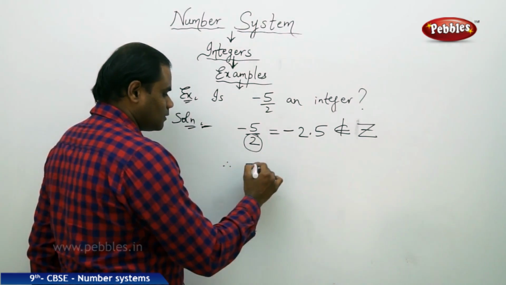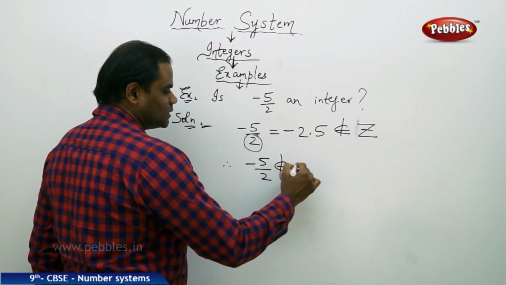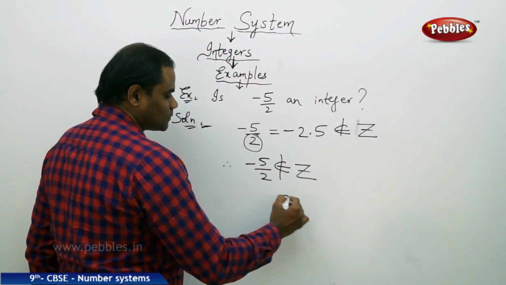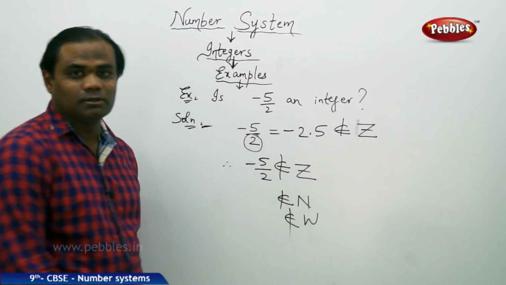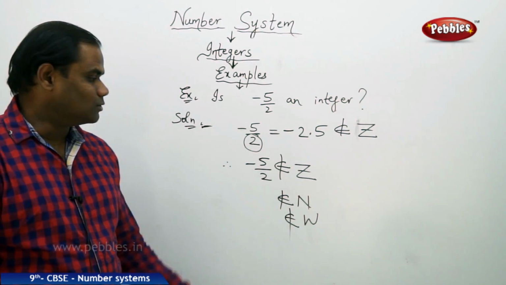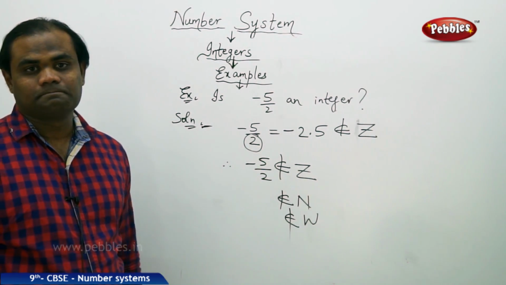So therefore the outcome is minus 5 by 2 is not an integer, is not a natural number, is not a whole number, because we don't have this with 1 in the denominator.